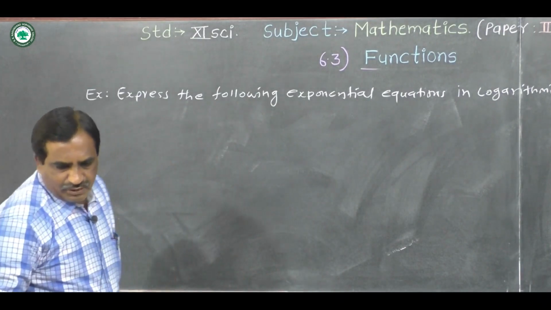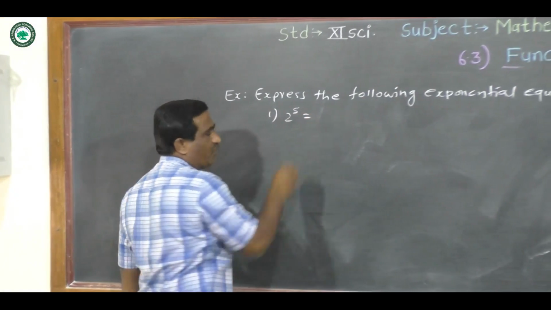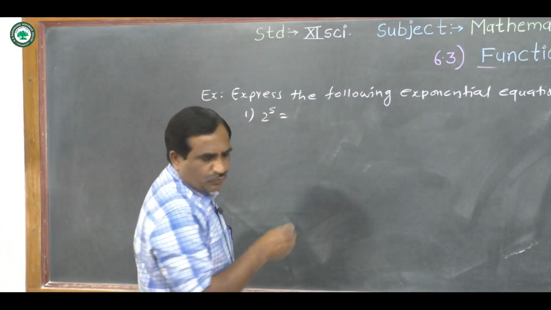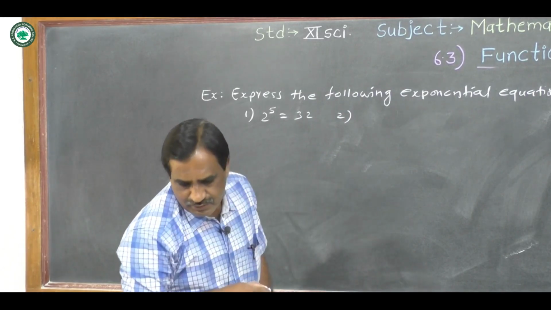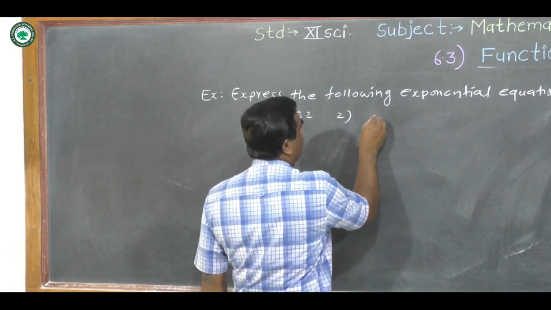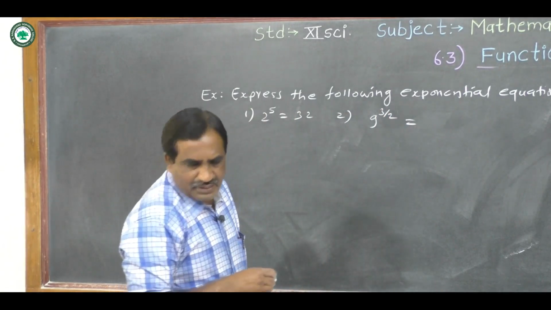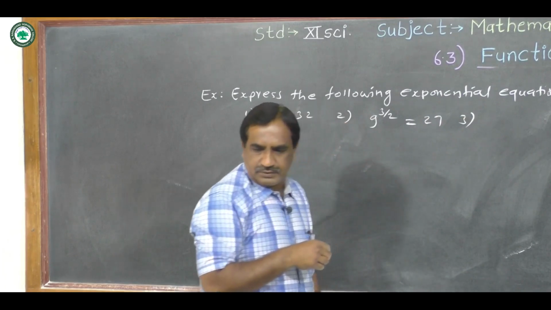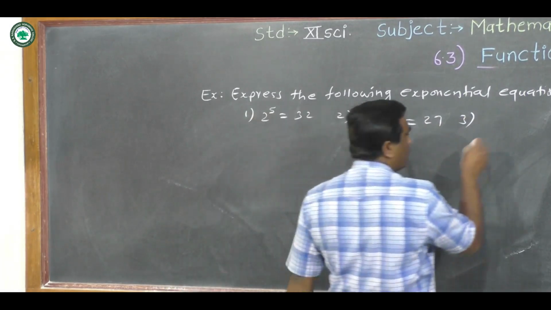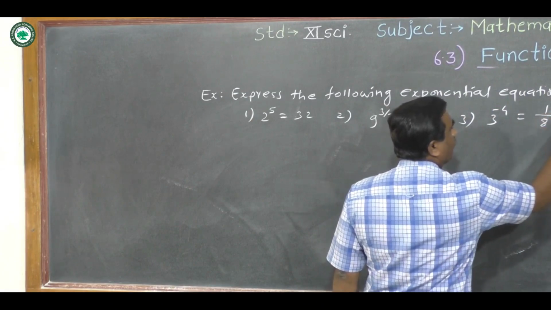The equations are: first equation, 2 raised to 5 equal to 32. Second equation is 9 raised to 3 by 2 is equal to 27. Third, 3 raised to minus 4 equal to 1 upon 81.